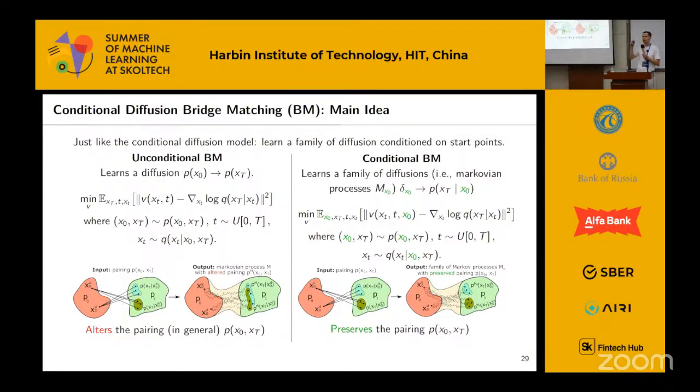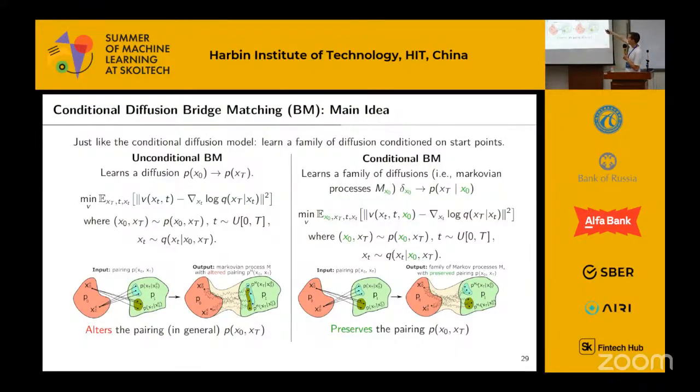The main idea of conditional bridge matching is the same as the idea of conditional diffusion models. Instead of learning one stochastic differential equation which transforms one distribution to the other, for each input point let's learn a separate stochastic differential equation which will map this particular point x0 to the conditional distribution of this input point, so to the points in the target distribution which correspond to it. What does this mean?